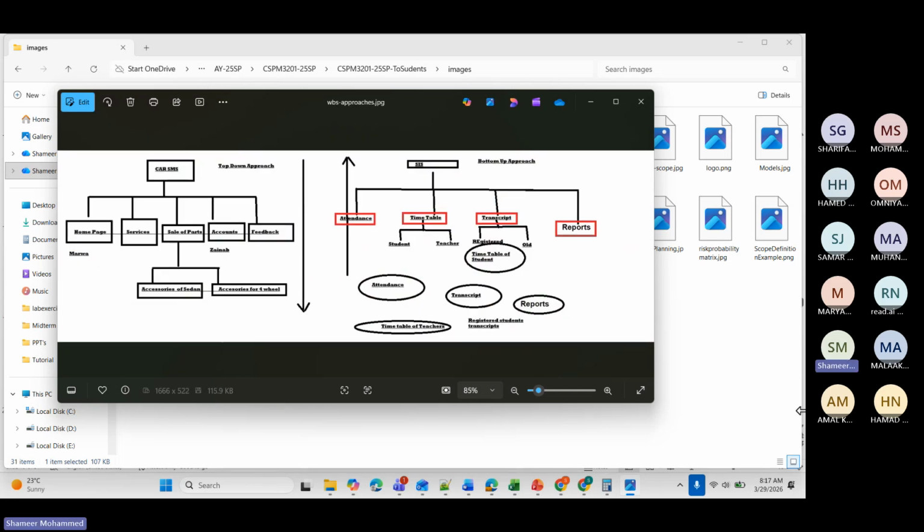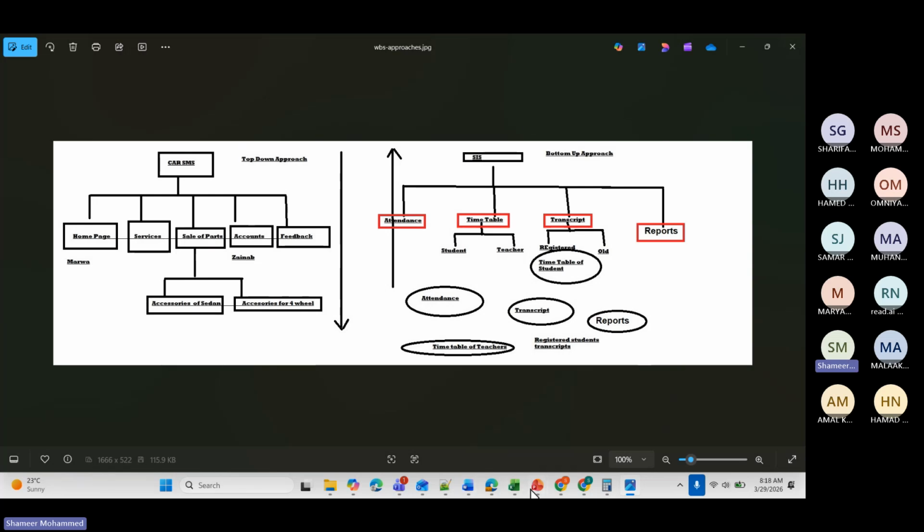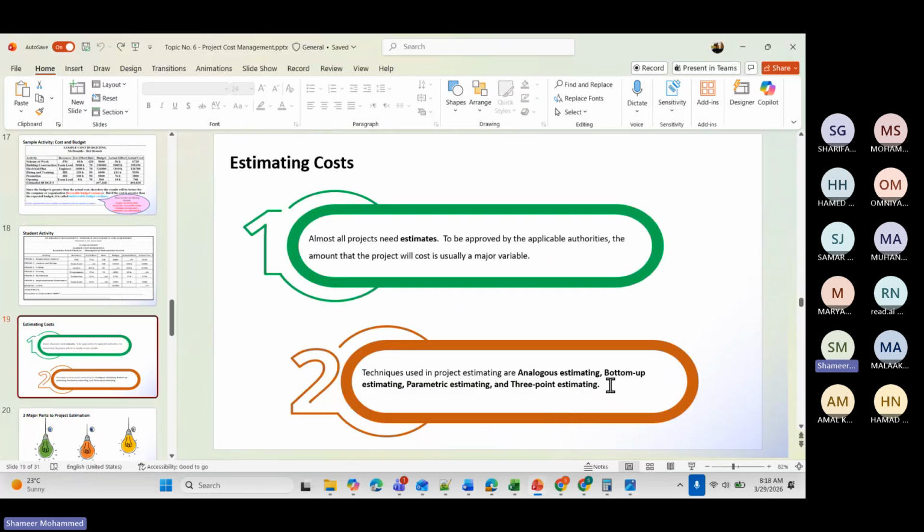Now see here. One of the types of estimate which I am discussing here is this bottom up approach, or bottom up estimation.